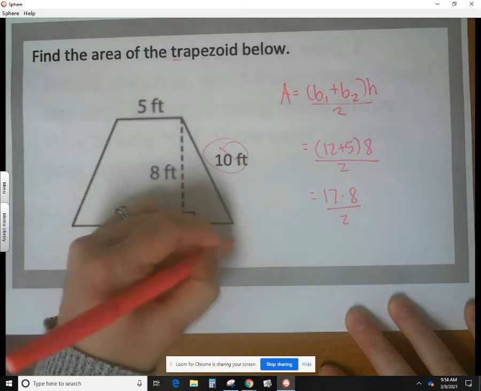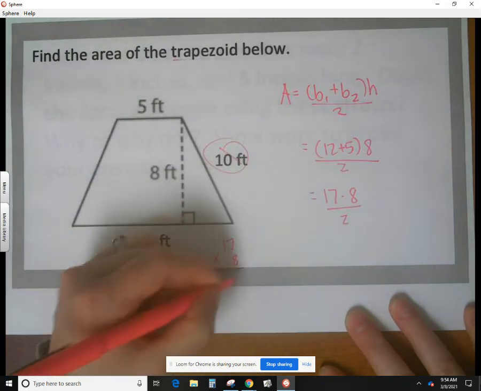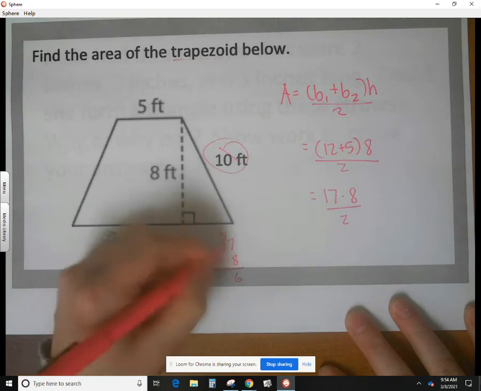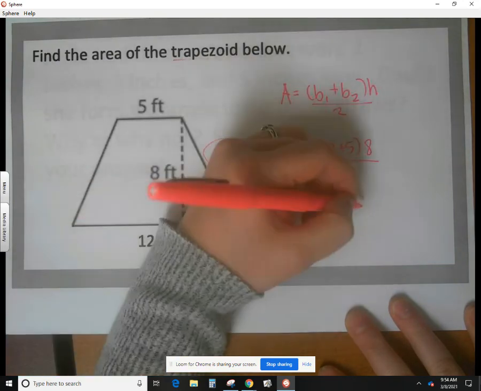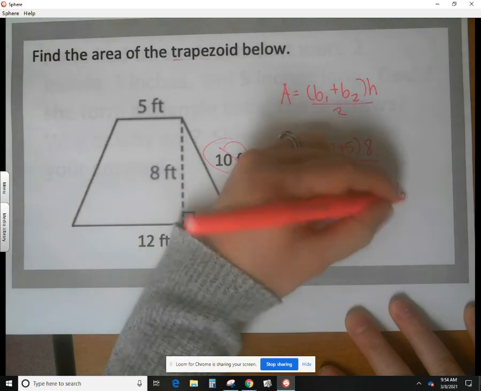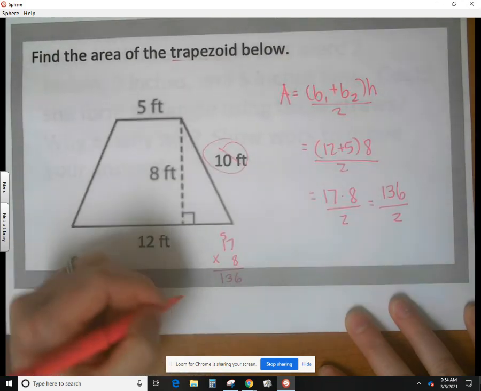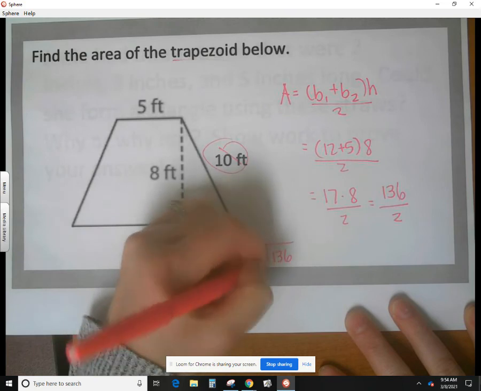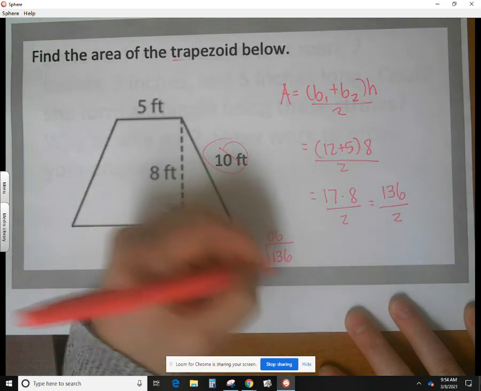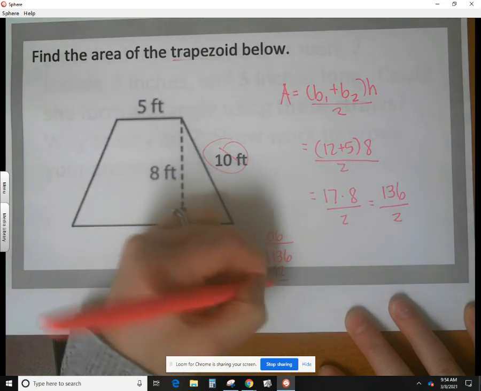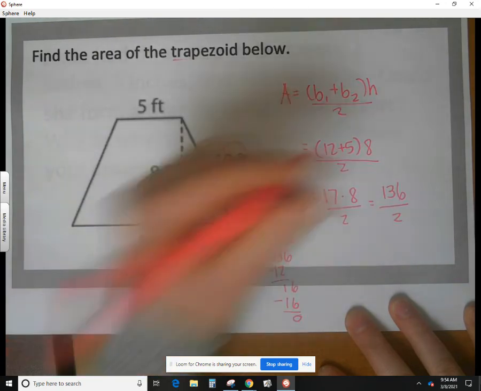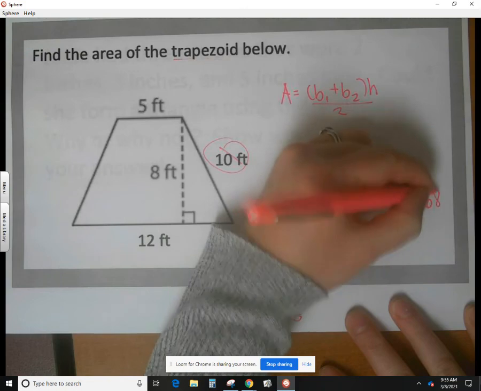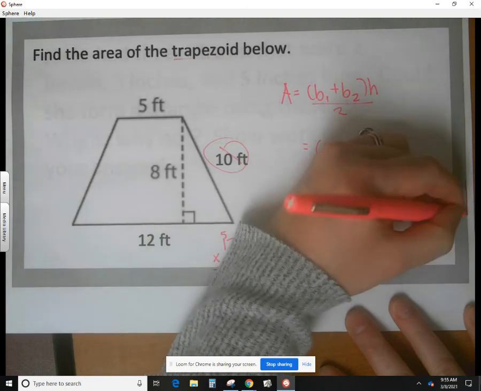Now I need to do 17 times 8. So that gives me 136. And now I need to do 136 divided by 2. And that gives me 68. So it's 68 square feet.